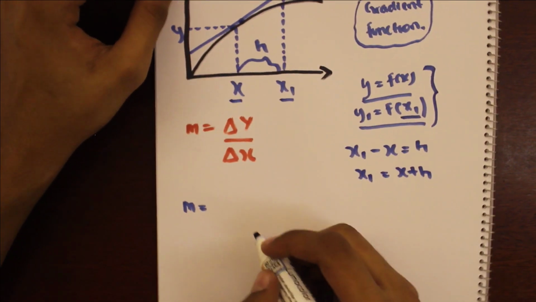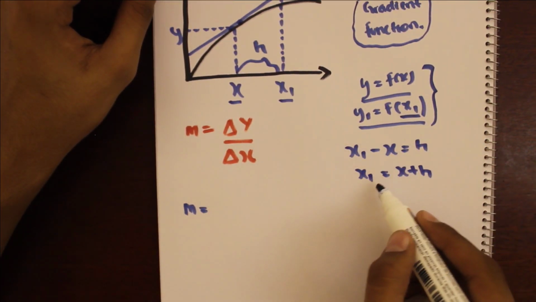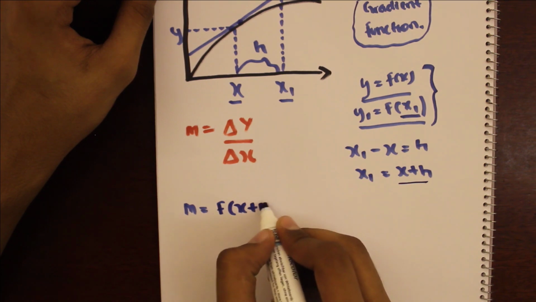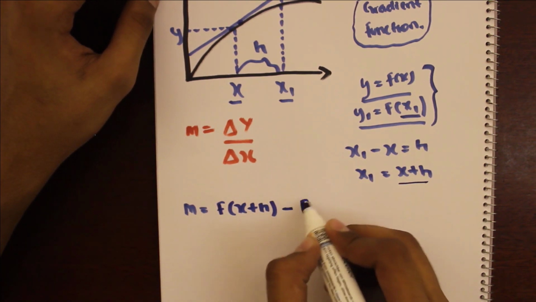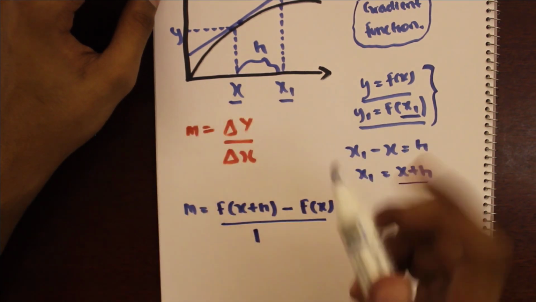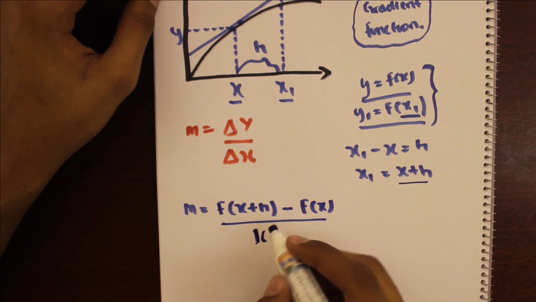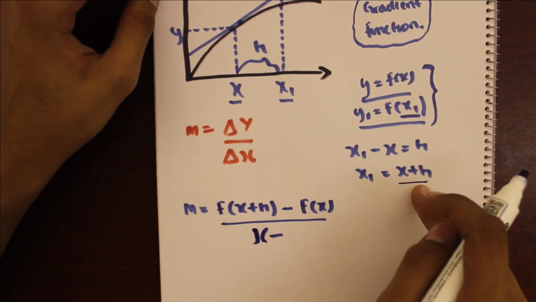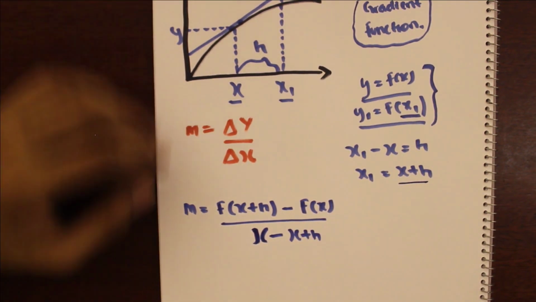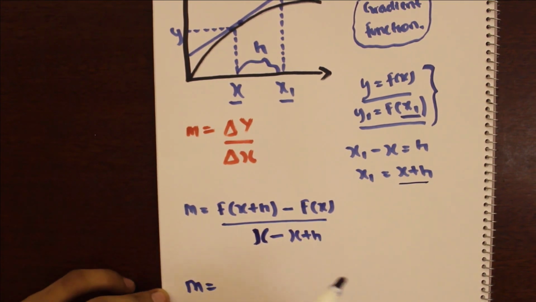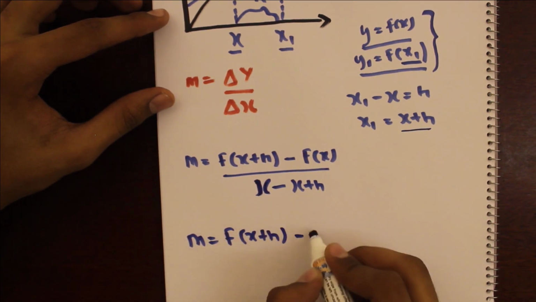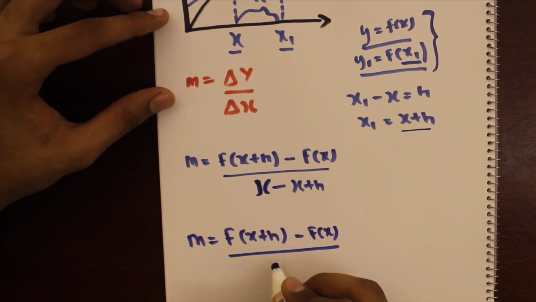We will be using these relationships and calculating our gradient function. So m is equal to change in y, which is f of x1, which is f of x plus h, minus f of x, over change in x, which is x1 minus x, which is x plus h minus x. This can be simplified further to give us m is equal to f of x plus h minus f of x over h.